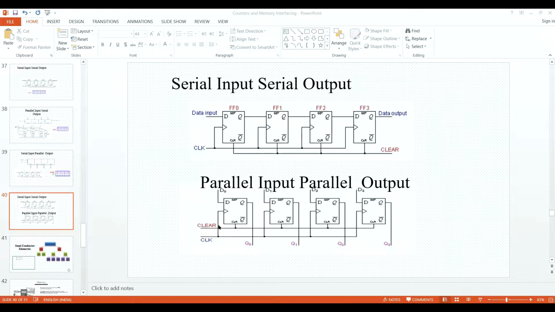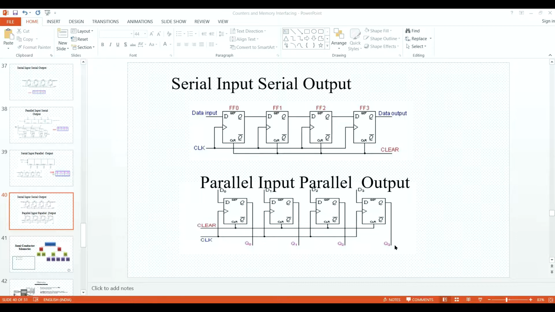A single pulse can clear all the data, the past values. But what is the difference? You are giving a serial input and taking an output at the end of the operation, whereas in this case, you are taking the output at every flip-flop.